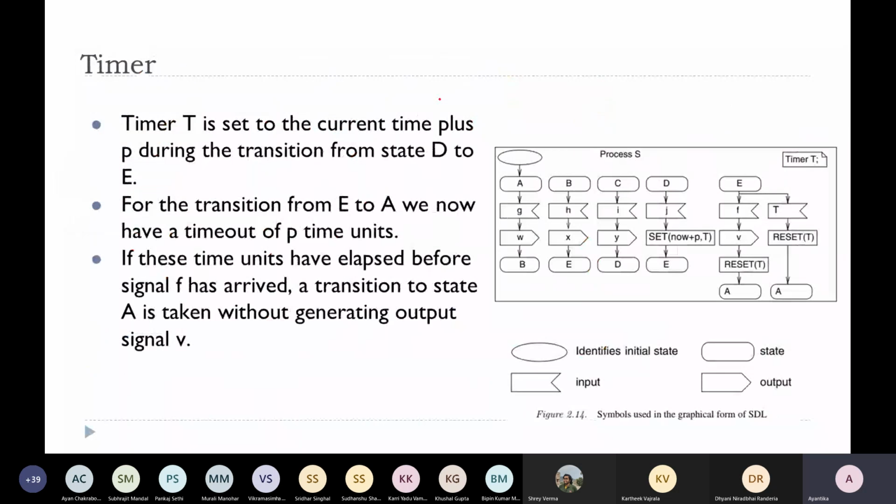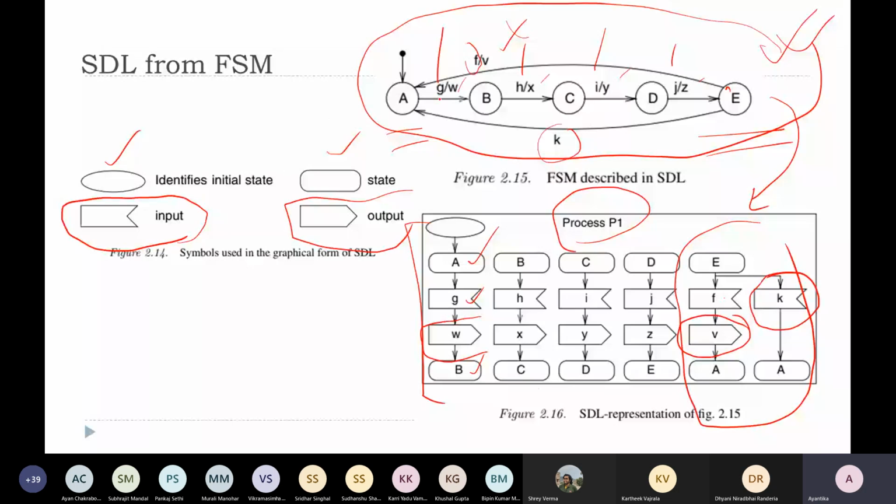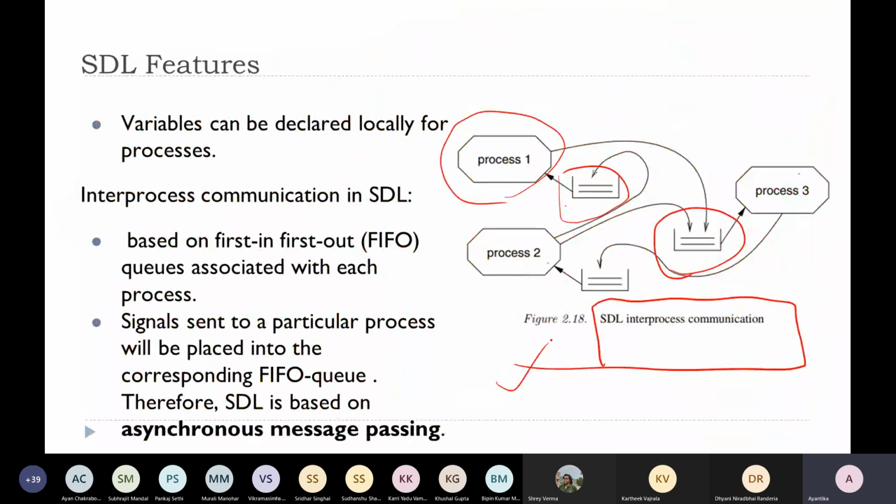When we are reaching the process part, we are again realizing that process with the related state transitions and how these processes are getting connected.